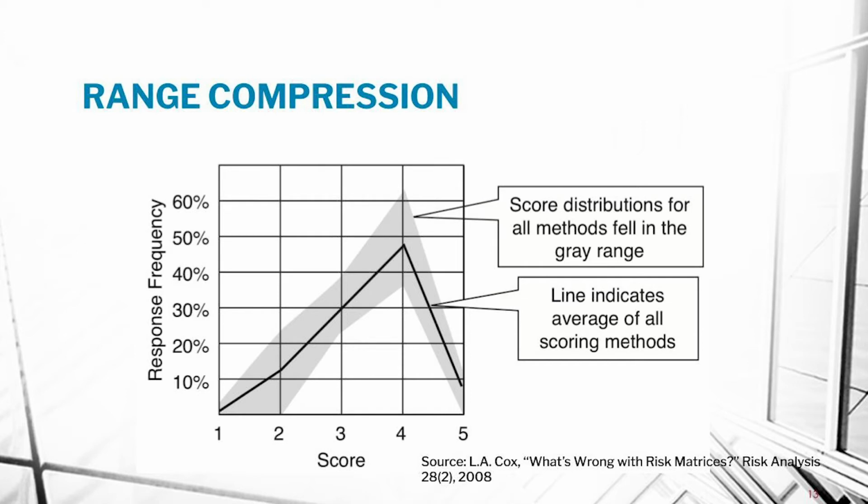The gray is the range they applied, and everything just really went to 4 as they came through, but it still had a lot of different variability in there, because you're talking variability of 20 or over 20% in the results from folks who are supposed to be experts. So is everybody on your team that you're going to use on an assessment equally an expert? I wish that was the case.